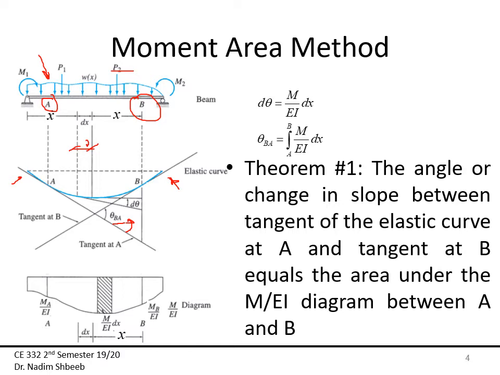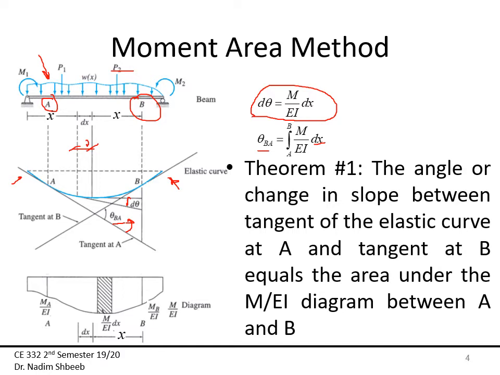Okay, now with this dx and now this being d theta, so if I want the full angle, all I have to do is integrate from A to B, which is what I did over here. So again, d theta is equal to M over EI dx. Then theta BA is going to be the integration between A and B, M over EI dx.